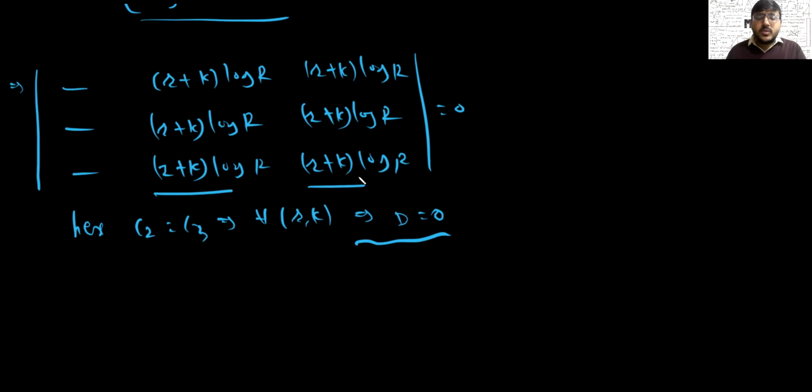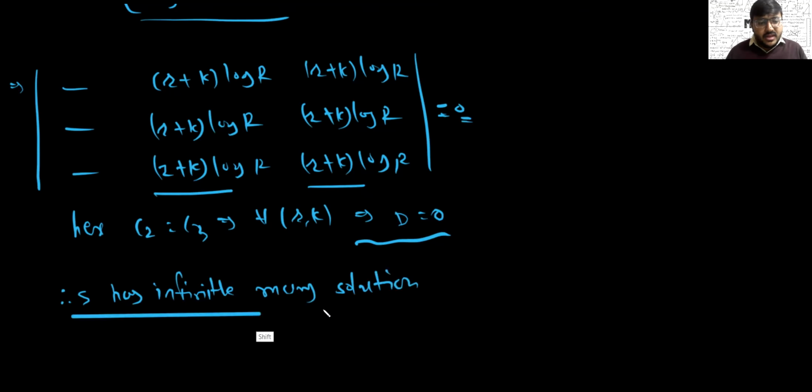Let me say that r equals 1 and k equals 5. Or I can say r equals 6 and k equals 7. Whatever values of r and k you put, you will definitely get this determinant equal to 0. That means the value of the determinant does not depend on r and k. Therefore, S has infinitely many solutions, right?